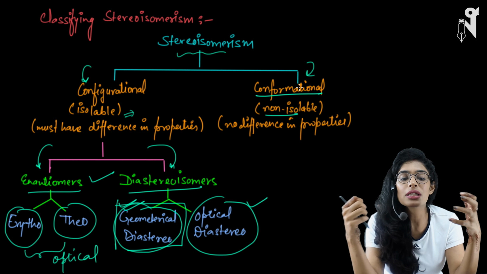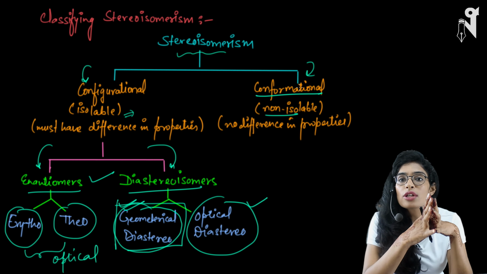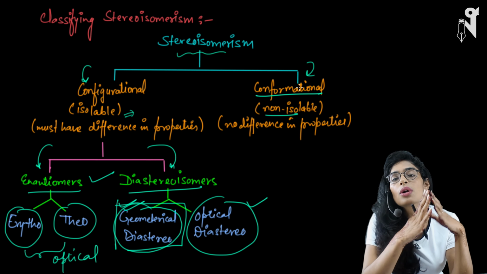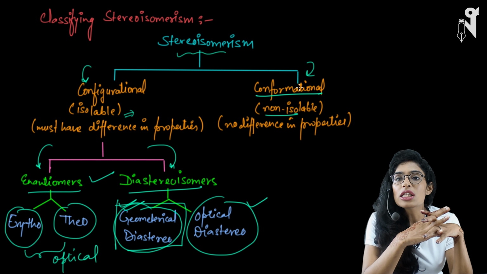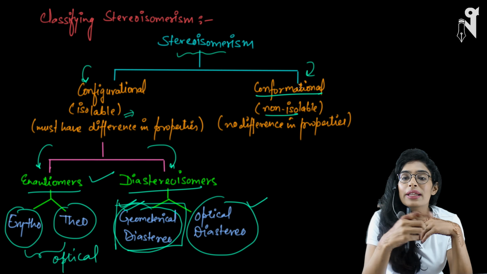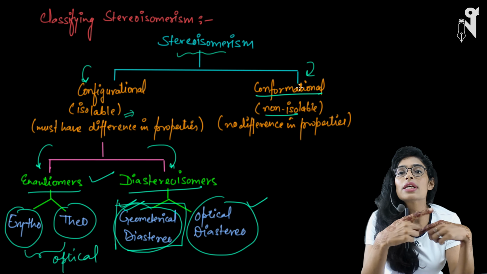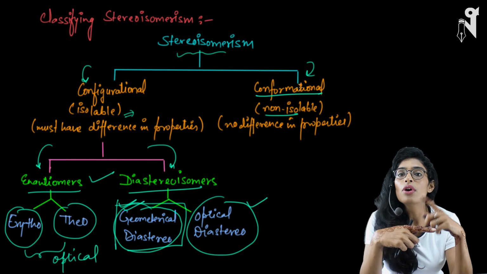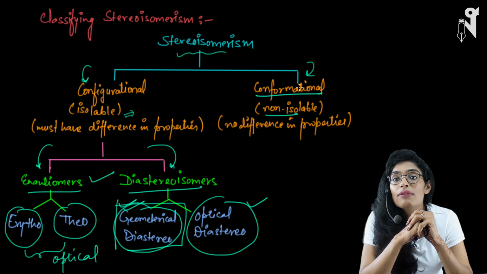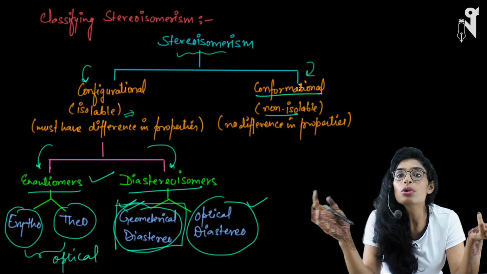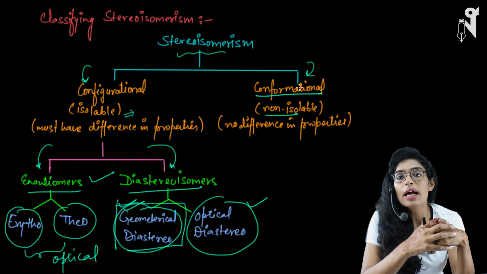They are always in the process of converting from one form to another, and that is why they are non-isolable, and we also call them identical. There is no difference in their properties, hence they are considered identical.